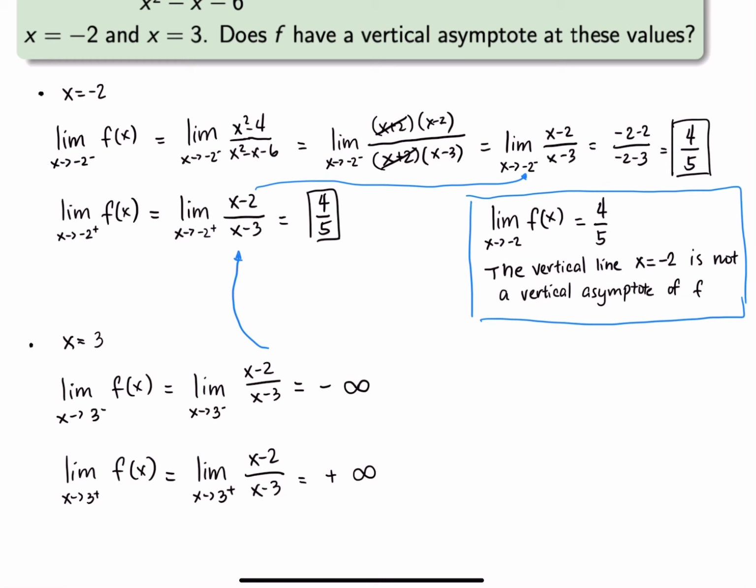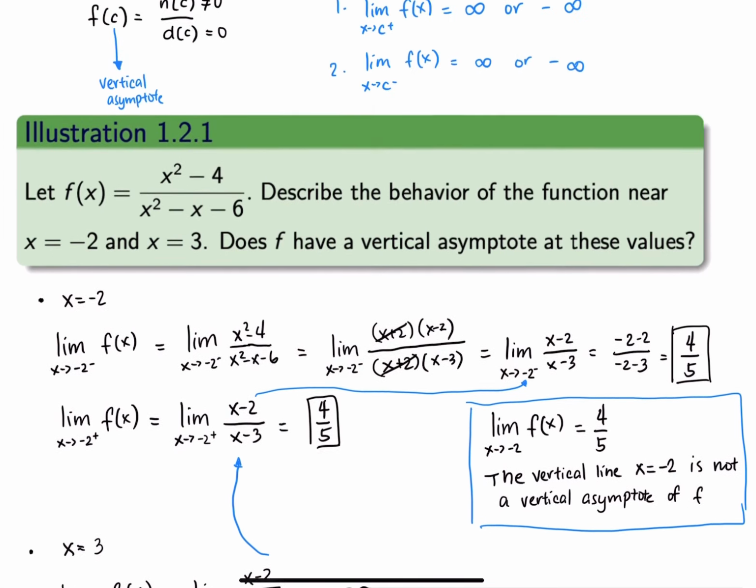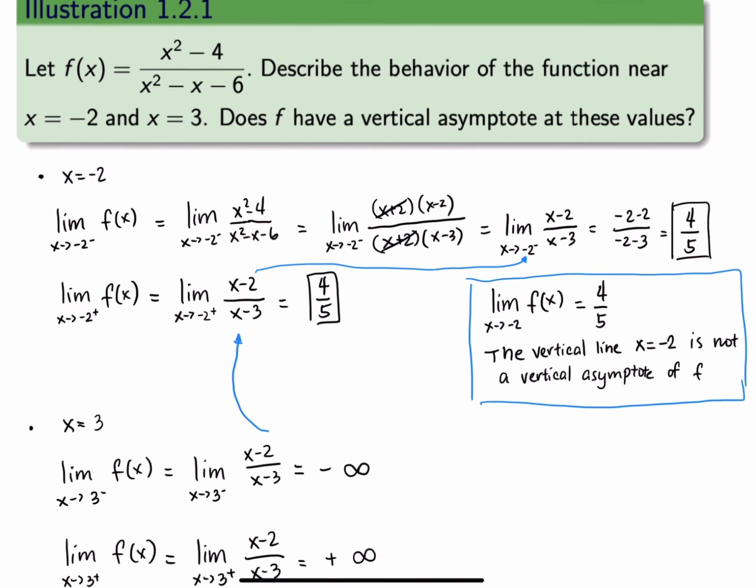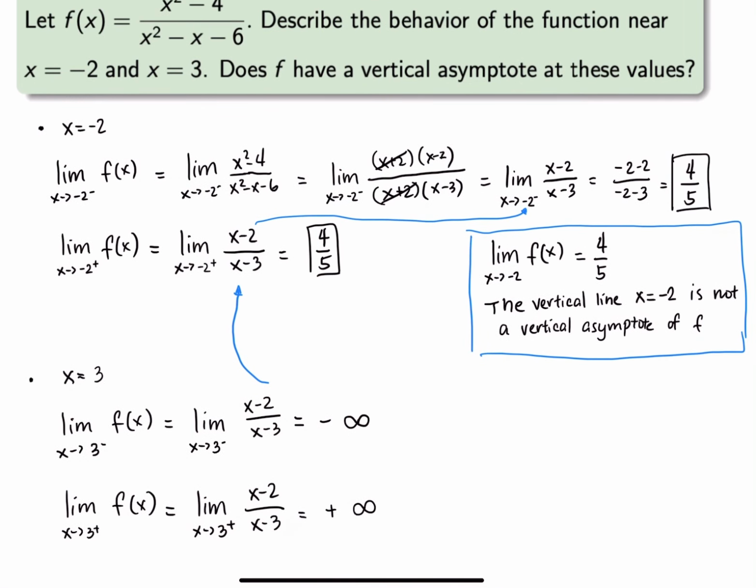Okay? And by the definition of vertical asymptotes, here the numerator is non-zero, but the denominator is 0. So this means that x equals 3 is a vertical asymptote of f. Okay?